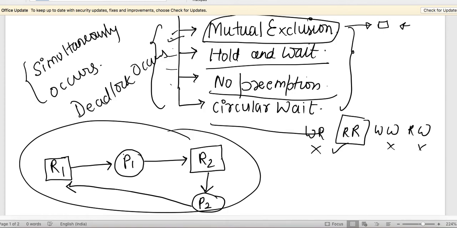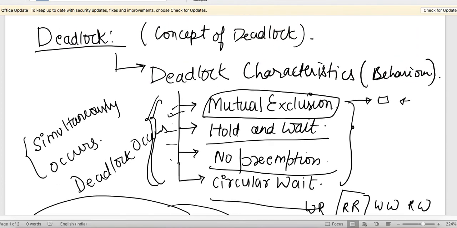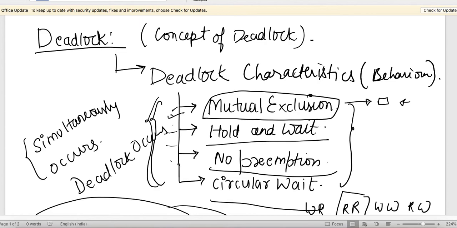This is called circular wait. Are you getting it? So if all the four conditions are true or exist simultaneously, we say that your system is definitely going to be in deadlock. There will definitely be a deadlock. Got it? So these are the deadlock characteristics.